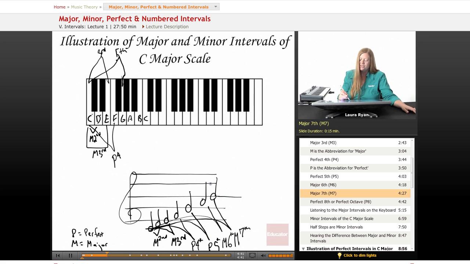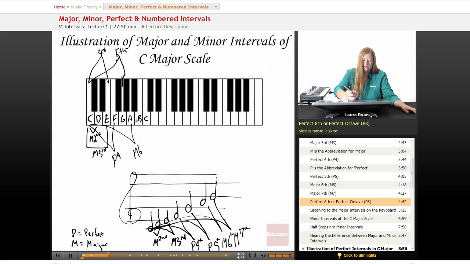From C to C. So let's continue with our illustration. Major sixth. From C to B is a major seventh. This is perfect. This is major. From C to C is another perfect interval. So we have 3 perfect intervals. It's a perfect octave. So from C to C is a perfect octave.